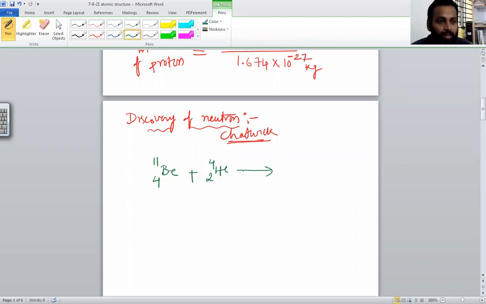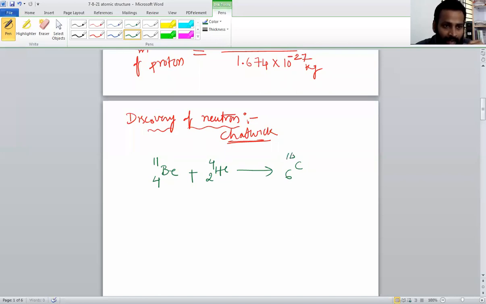So he bombarded beryllium sheets, and he got carbon, 4 plus 2. See here, 4 and 2, atomic number 6 is what? Carbon will come, 6C.